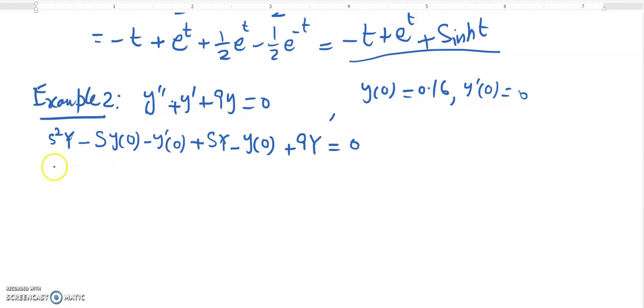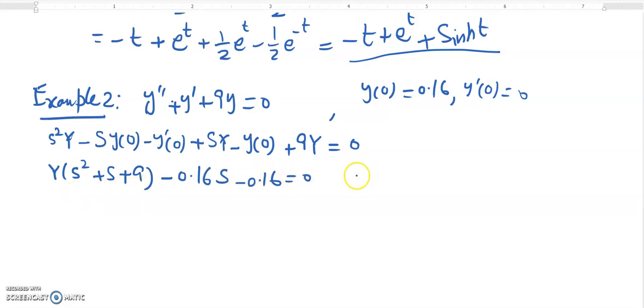If we collect the Y terms, they will be s square plus s plus 9, and since y of 0 was 0.16, it will be minus 0.16 s, and y prime of 0 was 0, so it will be 0, and then here it is y of 0, 0.16, is equal to 0.